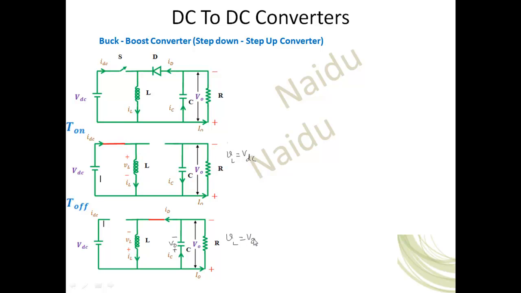The capacitor current in this duration is IC equal to minus I naught, and during the off period IC is the ripple of the diode current ID. So the waveforms for the buck boost converter are exactly similar to what we discussed for the boost converter.